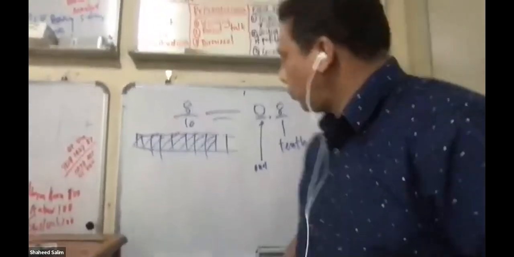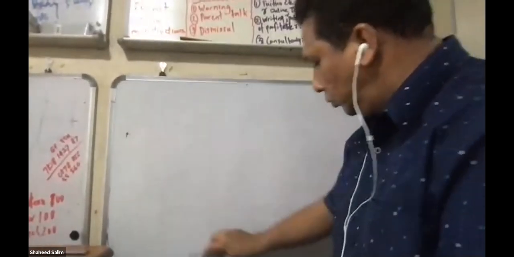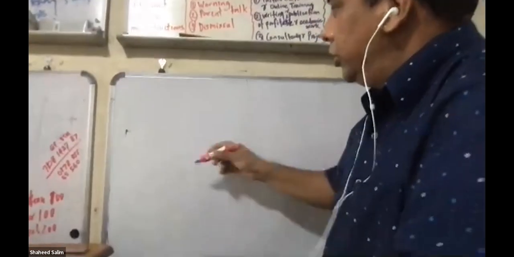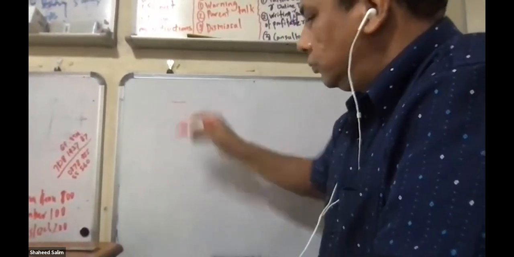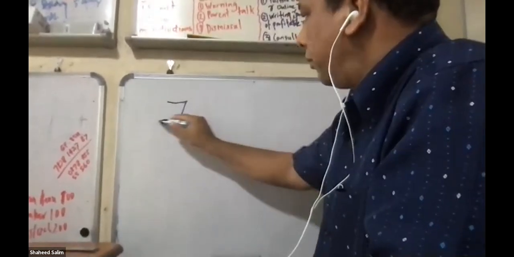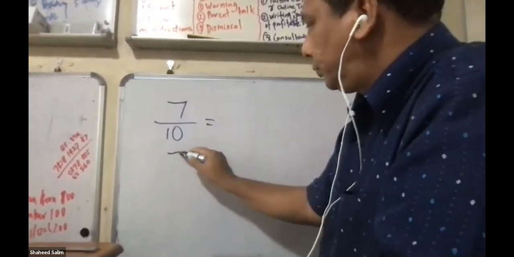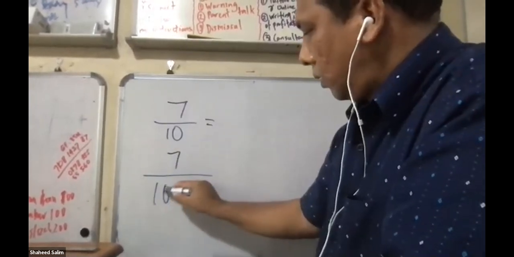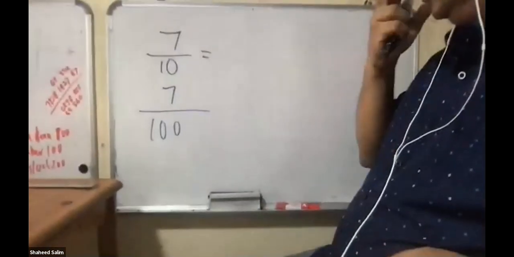Now, okay, let's see. We learn how to change. See, 7 over 10, 7 over 100.